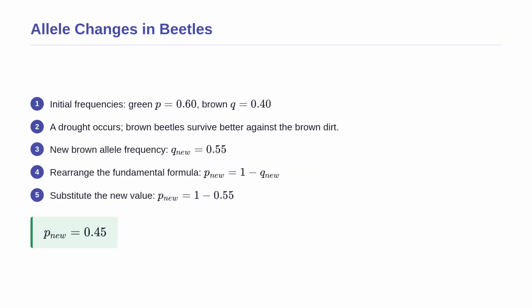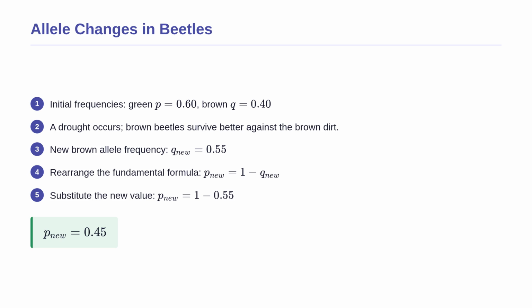Let us apply this formula to a population of beetles. We are given that the dominant green allele, P, is initially 0.60, and the recessive brown allele, Q, is 0.40. A severe drought kills the green foliage, making green beetles easy prey for birds. In the next generation, the brown allele frequency rises to 0.55.